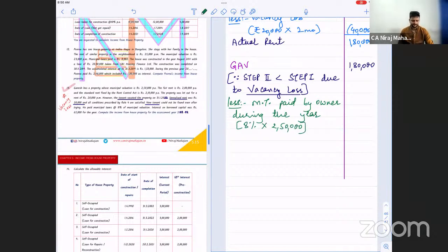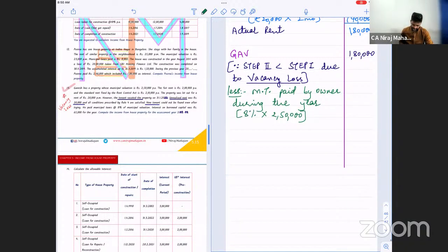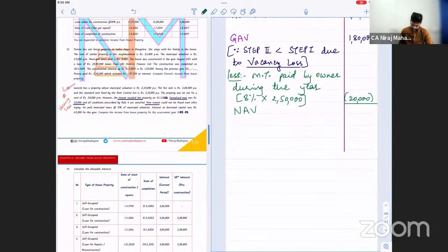How much is this? 20,000. Correct. We arrive at what? NAV, net annual value. 160. Correct?